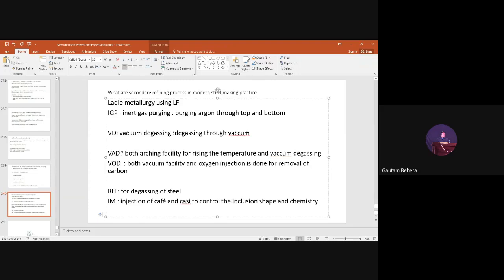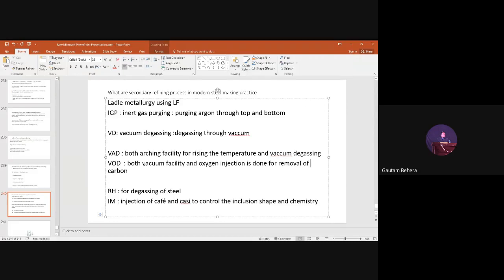Anyways, then VAD, this is the vacuum arc degassing process. So here in the ladle we have a facility to generate an arc. By using electrodes we can generate an arc so that the temperature will rise. Because you understand, during the subsequent operations, the temperature of the steel will reduce, right?